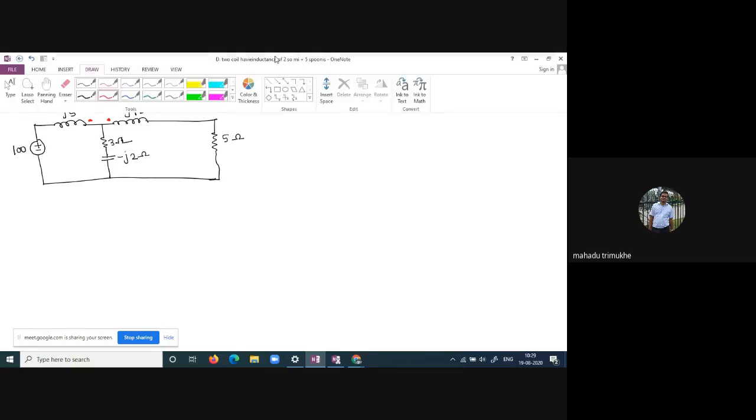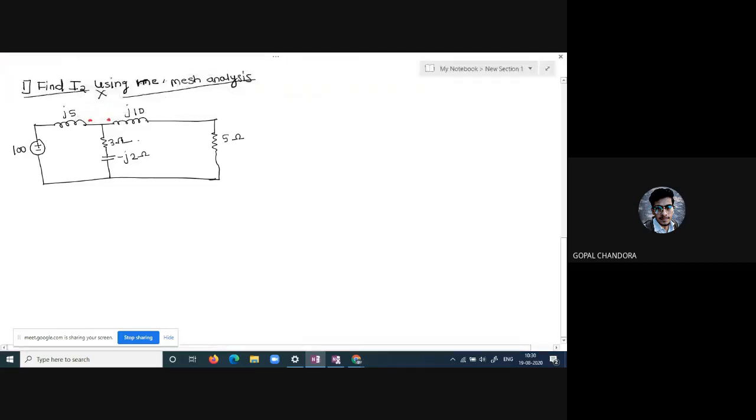Why second? Because the current is leaving from the first coil, and at the second coil the current is entering. One side current is leaving and the other side current is incoming. So we have to apply dot rule number two, in which we take the minus plus sign.